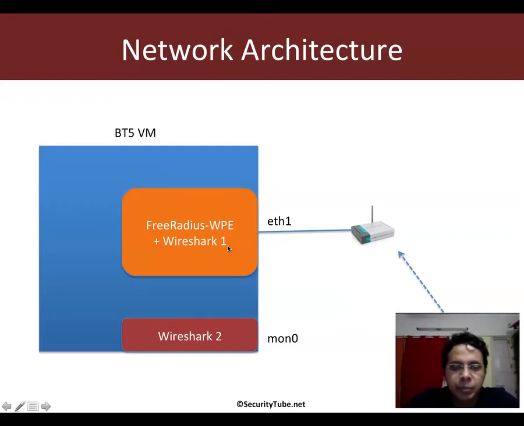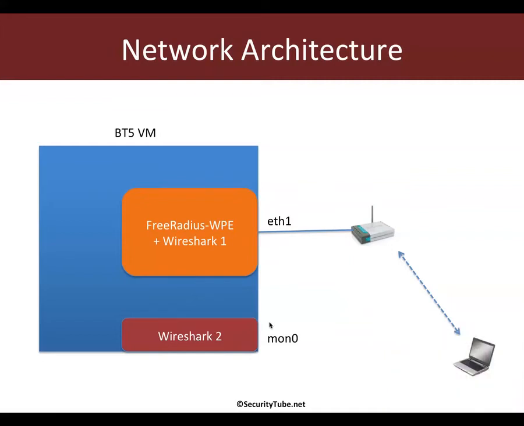We are going to run one instance of Wireshark which is going to monitor this interface. The other interface is a wireless interface which you will create on the Backtrack VM, where there will be another instance of Wireshark running to monitor the wireless traffic on the channel on which the access point is broadcasting its SSID SecurityTube.